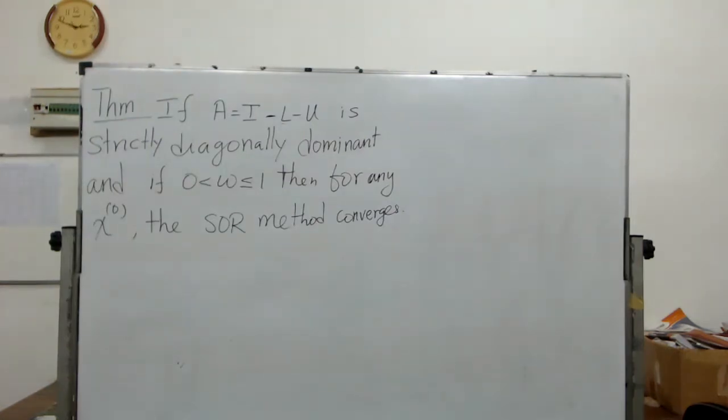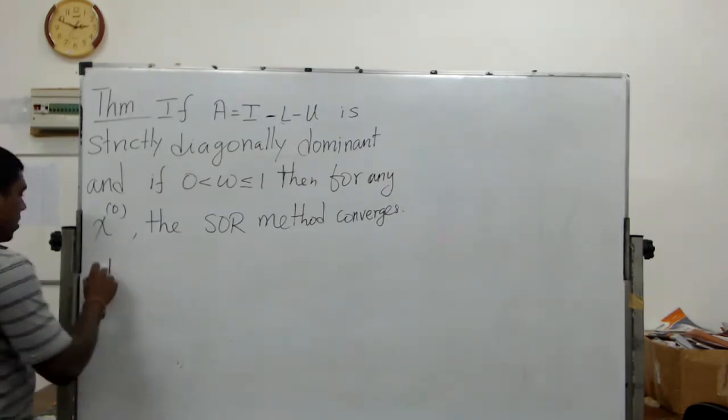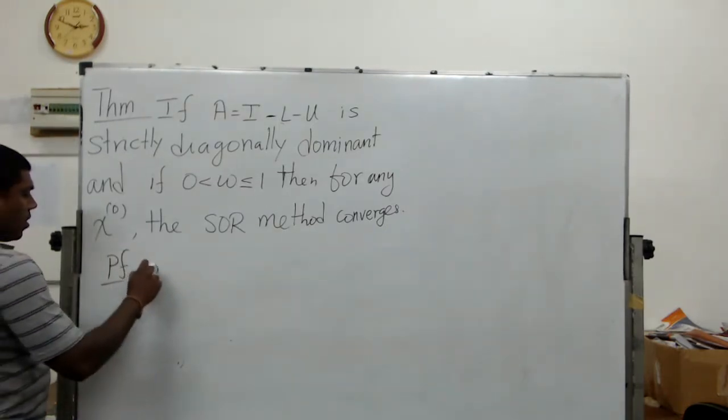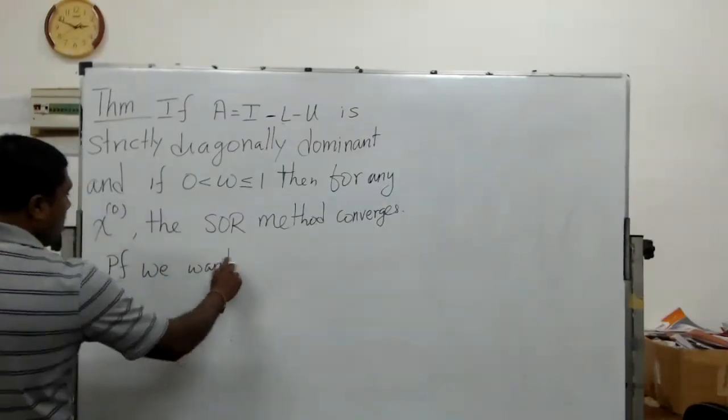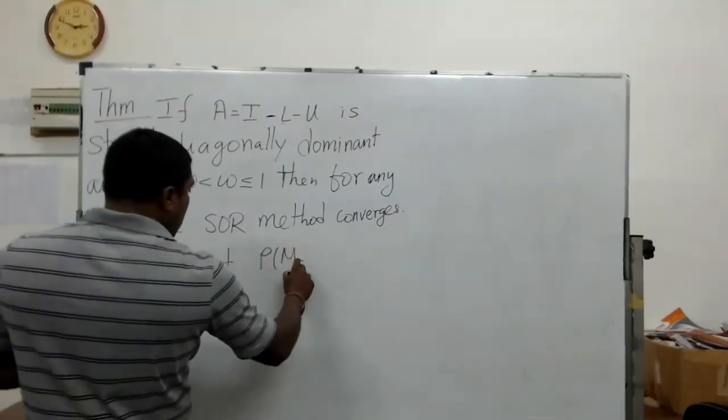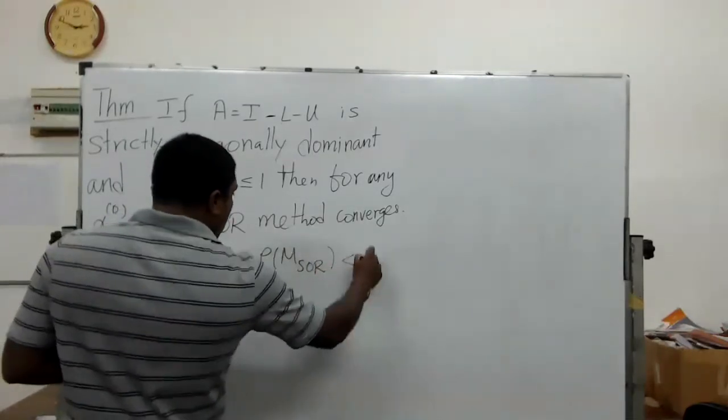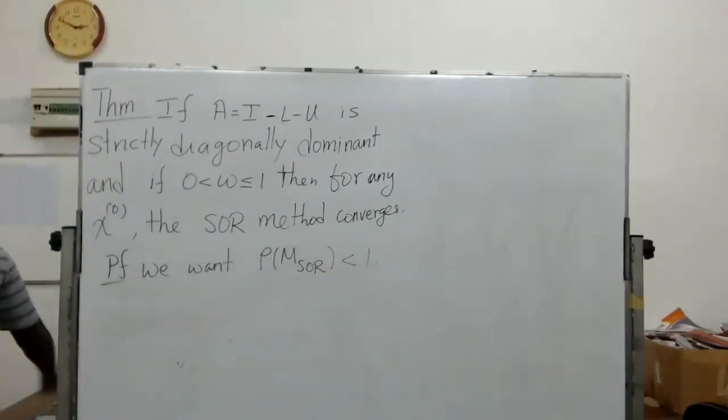Basically, what you have to do is show that the spectral radius of the iterative matrix is less than 1. So you want the spectral radius of MSOR to be less than 1, and clearly we have to show it by contradiction.